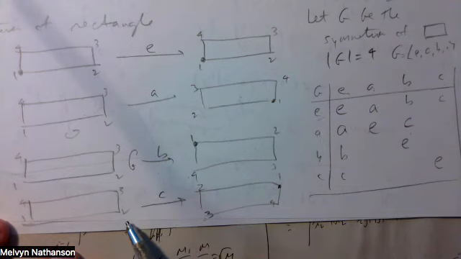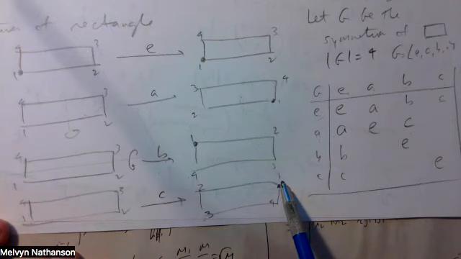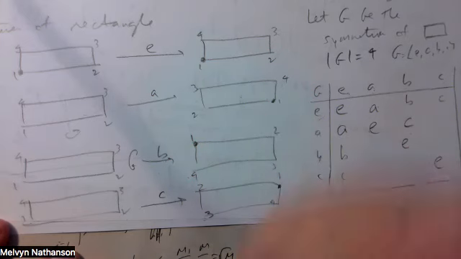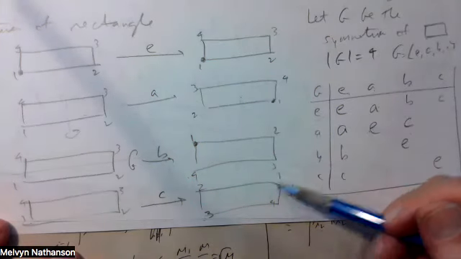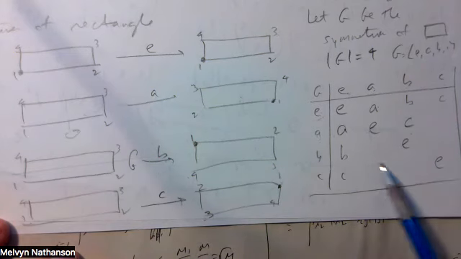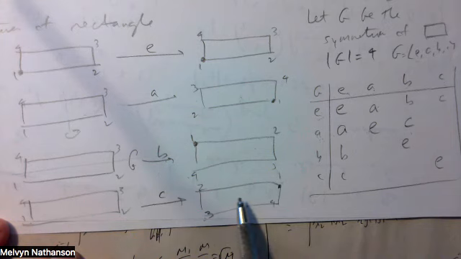What is AC? C sends 1 to the diagonally opposite corner, and A flips it up, or down. So I want to calculate A times C. So C sends the rectangle here.